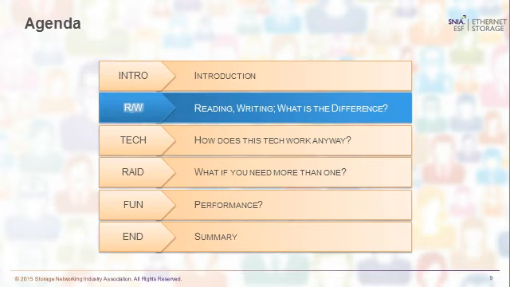Then we're going to explain what happens if you combine more than one of those together. And once we understand that, then we'll go into the performance fun. Show you a little bit how those numbers stack up and what happens if you put it all together. And Dave, do you have any questions so far, or should we move on?